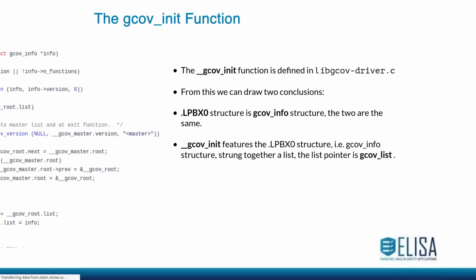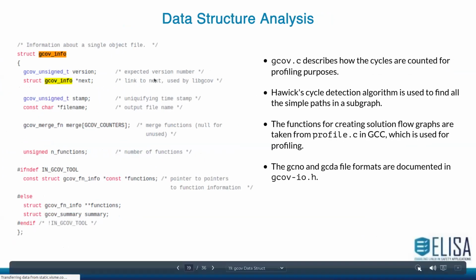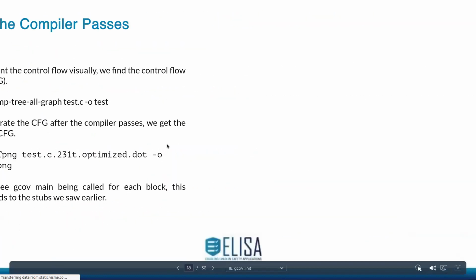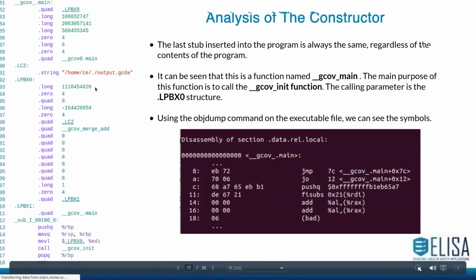So let's take a look at the data structure. Over here you have the expected version number, then you have a link to the next element in the array, then you have a timestamp, and then you have a file name, and then a merge function. If we go back and take a look at the output, you can see that it corresponds to the same thing.